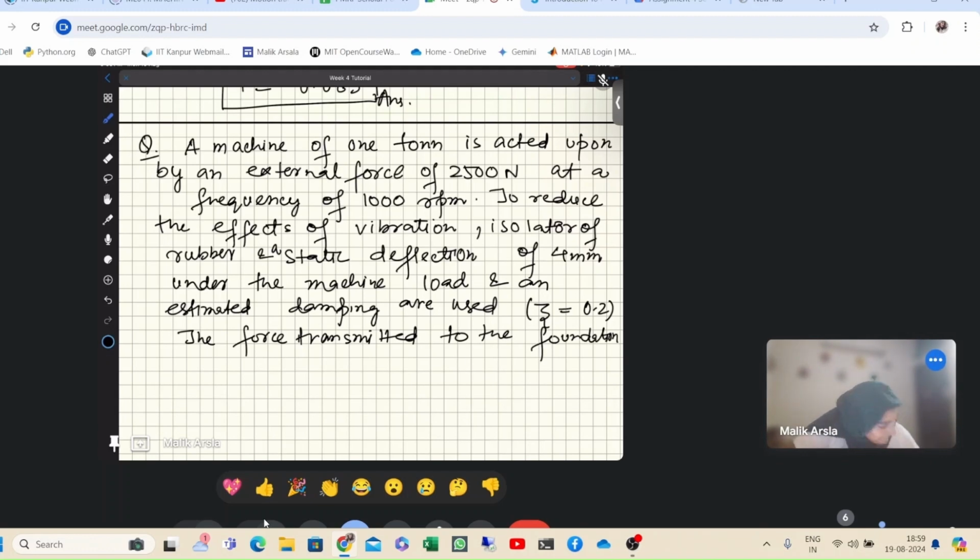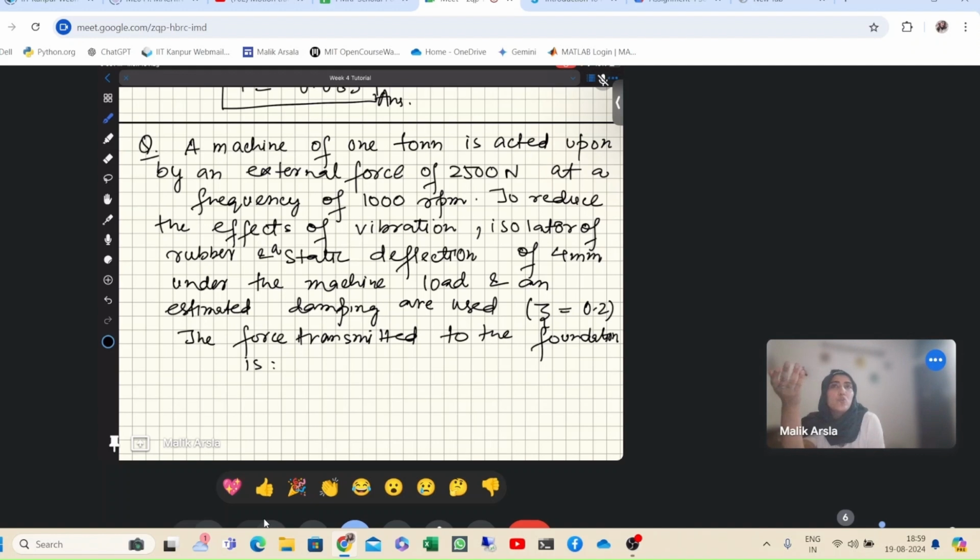So basically we have a machine of 1 ton, and an external force is applied to it, and the magnitude of that force is 2500 Newton. So again it's a harmonic force, the frequency has been given.